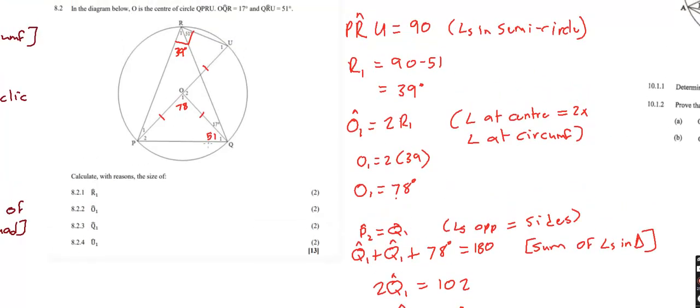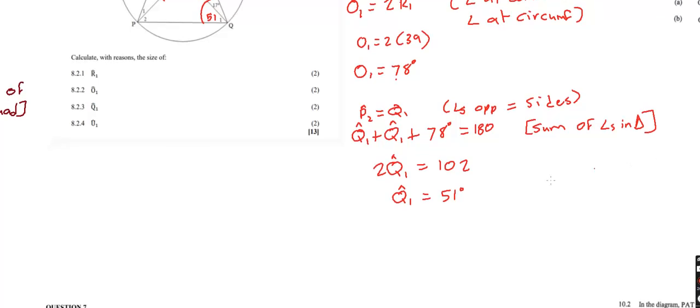Now, if this is 51 and they're asking for U2, U1 is subtended by the chord RP. But the same chord RP subtends this whole angle Q. These are angles in the same segment, U1 and the angle Q. So U1 is equal to Q, which is equal to 51 plus 17.